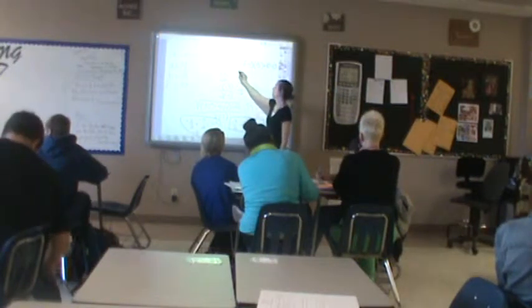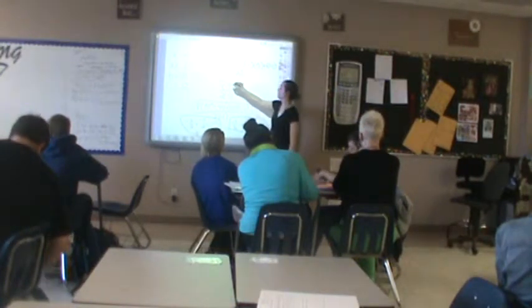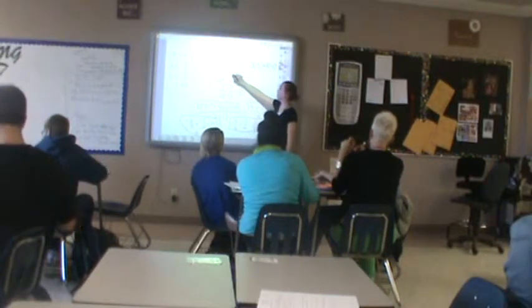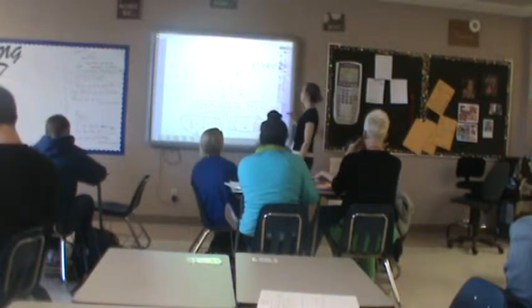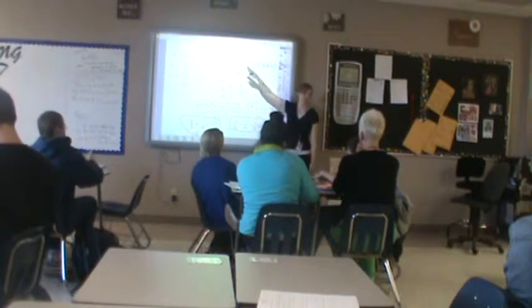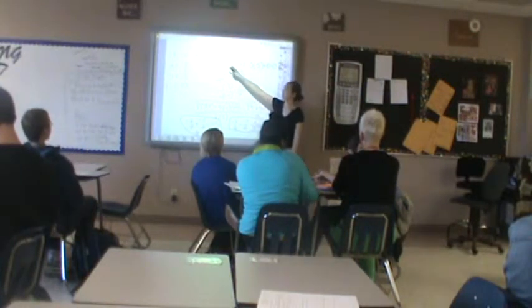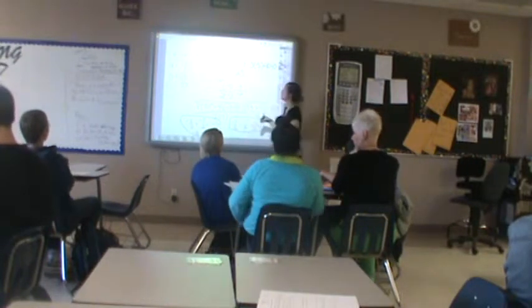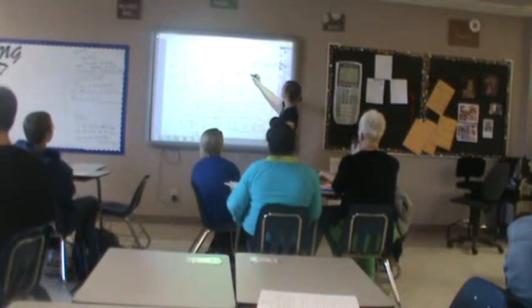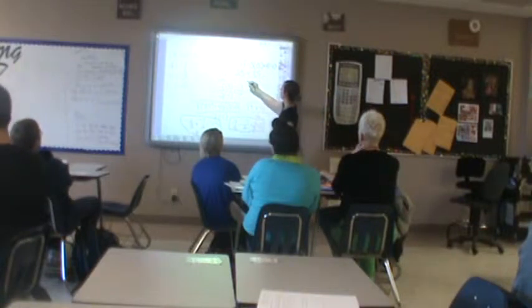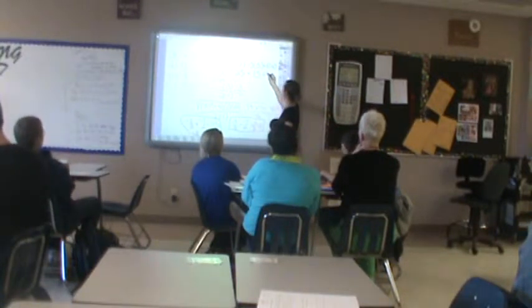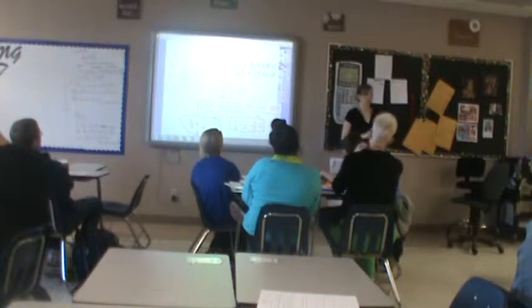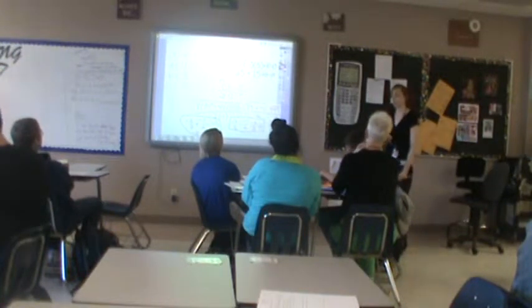Is it going to be positive or negative 25? Negative, because when we square a negative 5 it turns positive, but we still have that negative out front. Then we have plus 15, and then plus 10. Does that equal 0? Yes. So that means that we're correct.